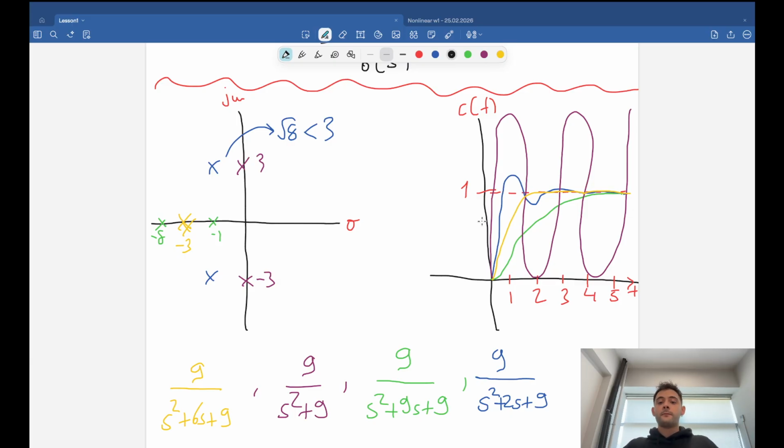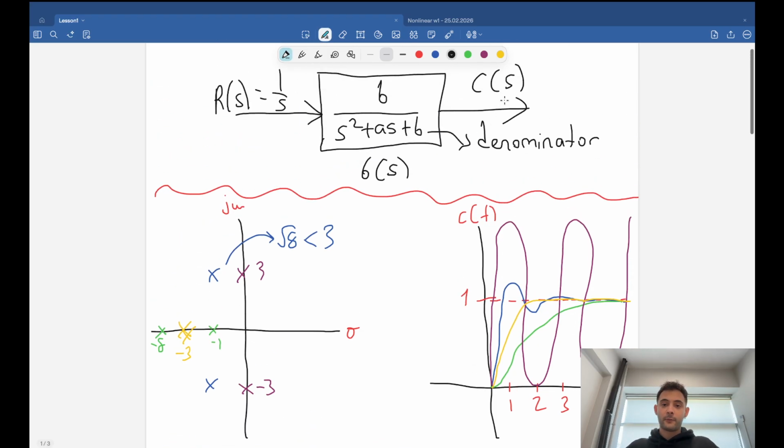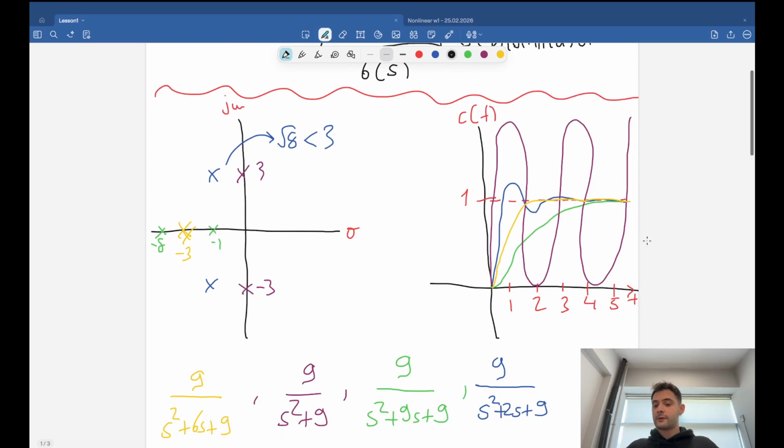So let's start with the purple one. On the left side you see a pole zero map, where this is j omega and this is the real axis, and on the right side we have a step response graph where the output is c(t), the inverse Laplace of C(s) as we drew above, and time goes 5, 6 and moves to infinity.